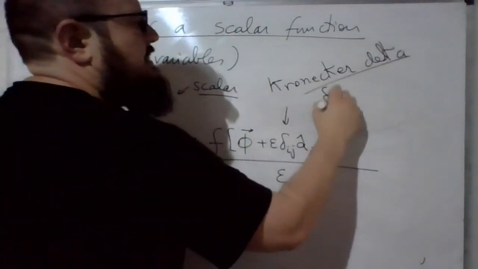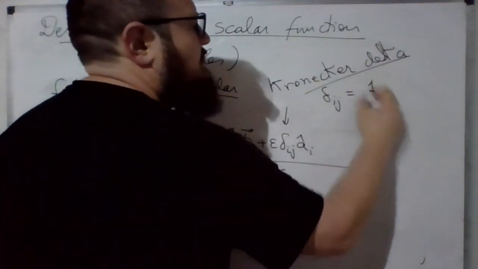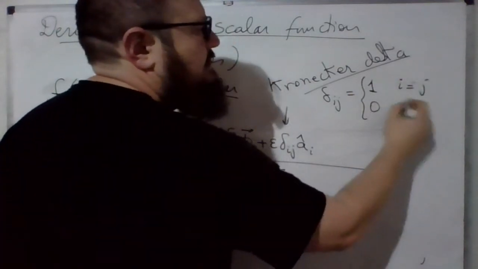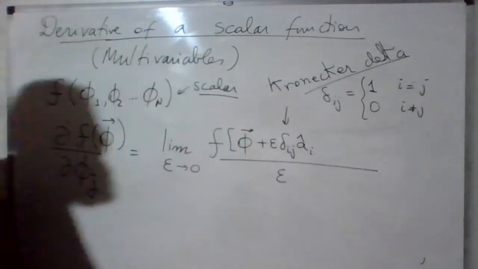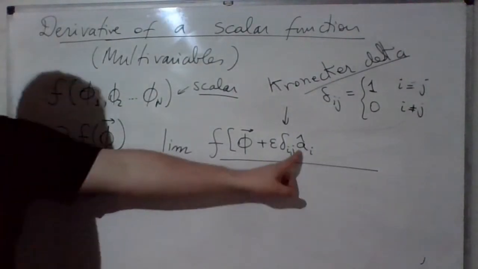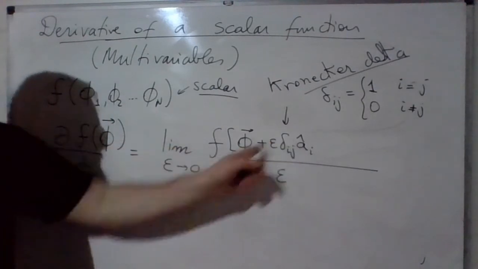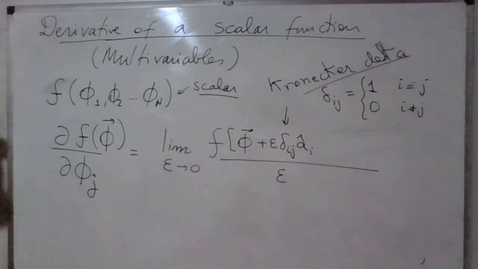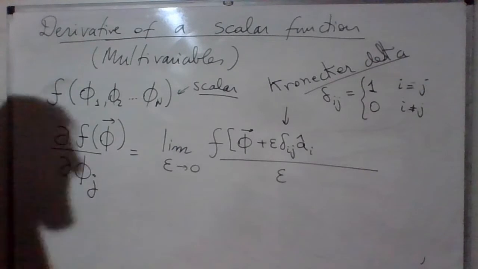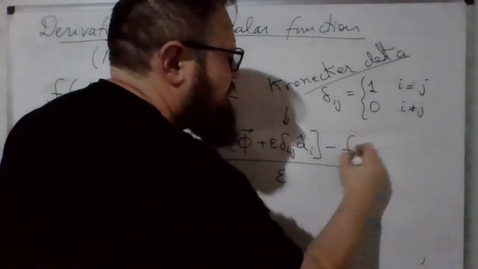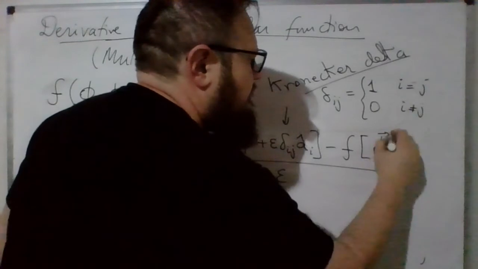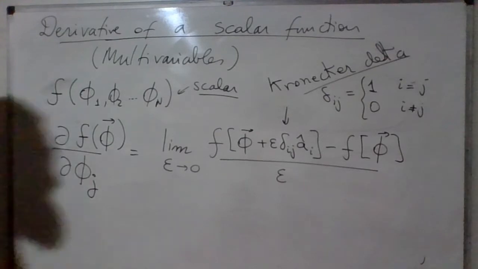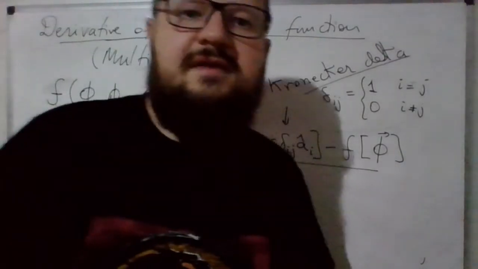Delta ij is 1 or 0: if i equals j, it is 1, and it is 0 if they are distinct. So this represents the direction in this vector space. But I'll need to subtract the function of phi here. This is a derivative for multivariate calculus.